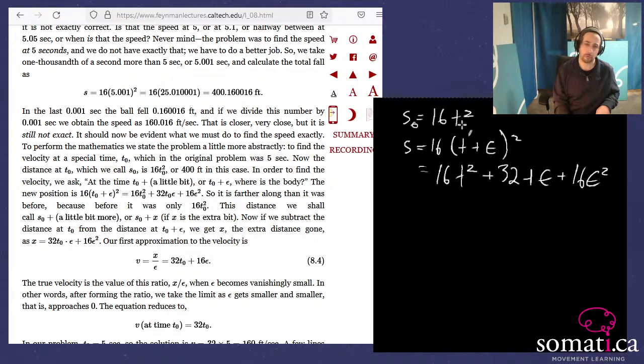So this is the, and then this is going to be like S prime. These are all t naughts.